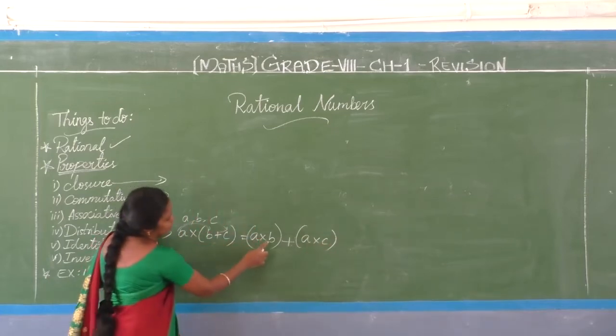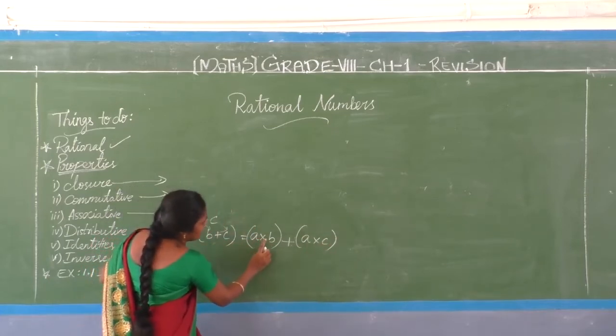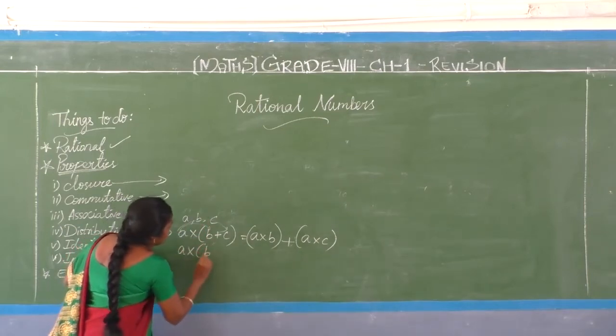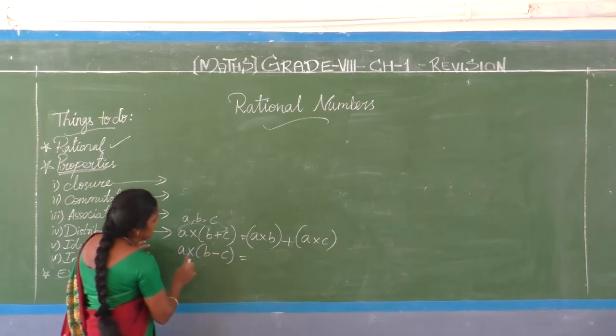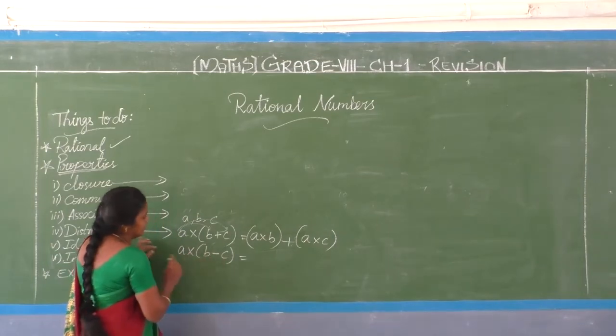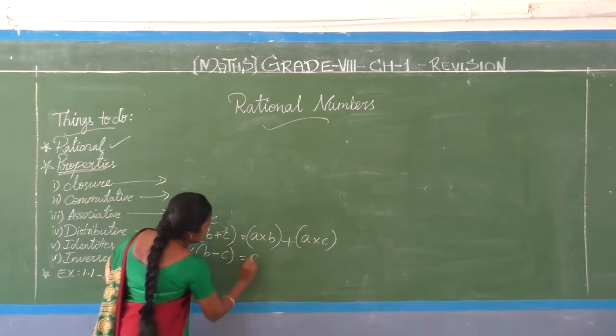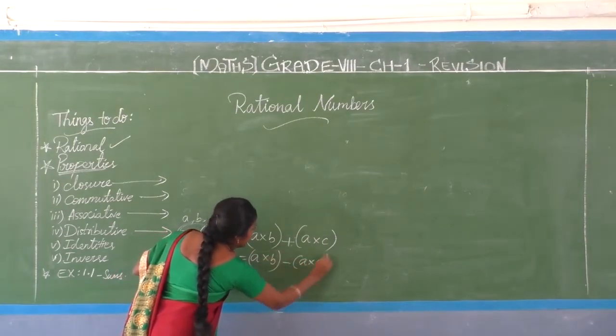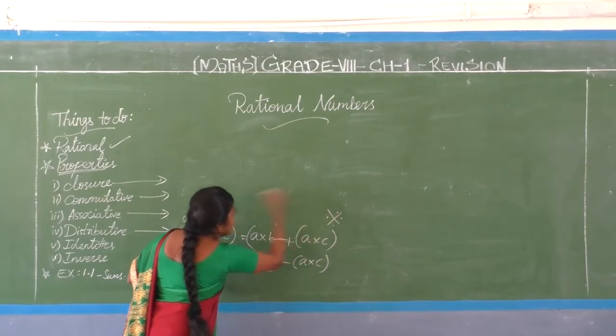Multiplication is distributive over addition. Clear? A into (b minus c): multiplication together with the subtraction. A into (b minus c) equal to a into b minus a into c. Very, very important result. Clear?